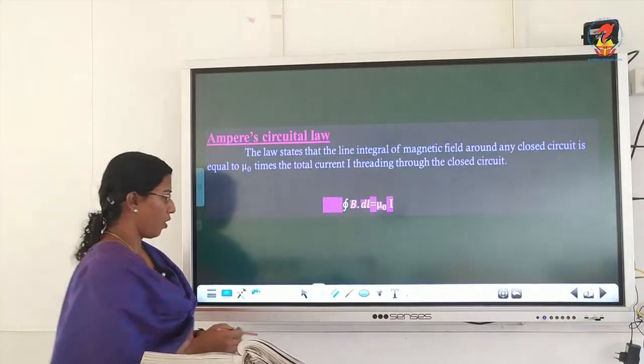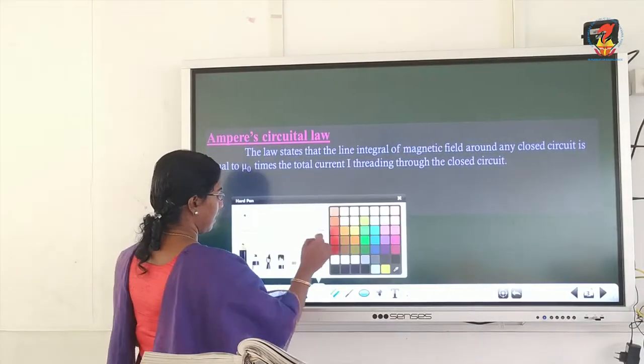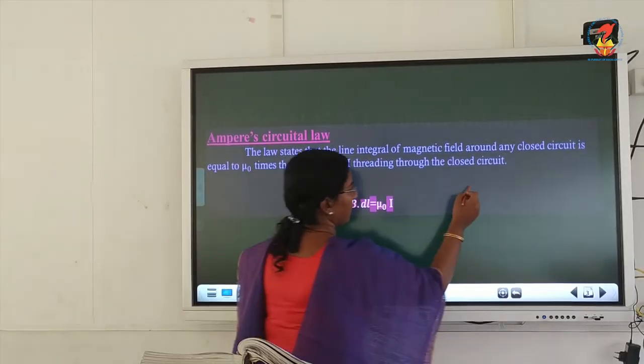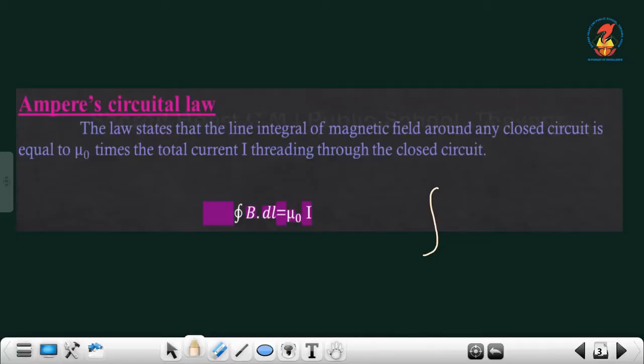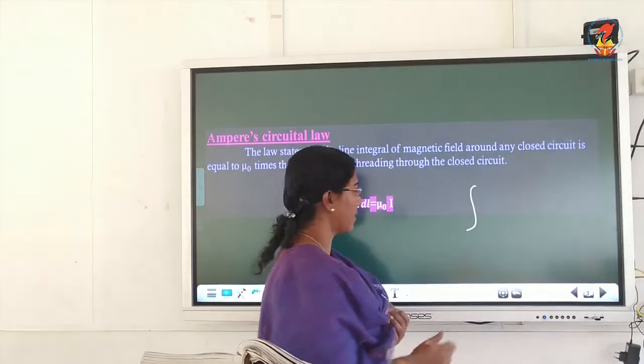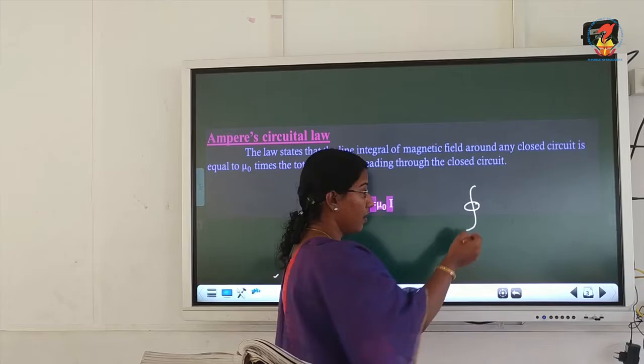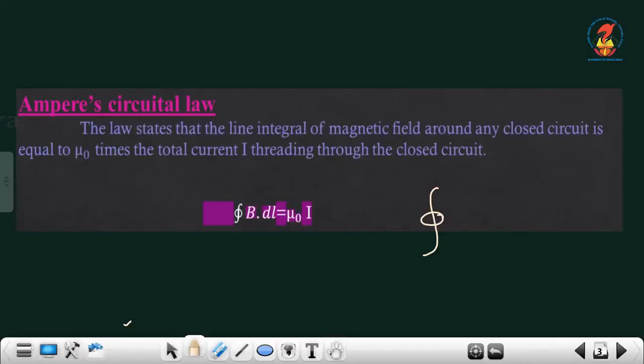I hope you all are familiar with the integration method, and we use this symbol to show it is an integral. Now what is the theorem saying? The line integral of magnetic field around a closed surface. In order to represent the closed surface, we put a circle here. This represents the line integral over a closed surface, which is equal to mu0 times the current passing through the surface.